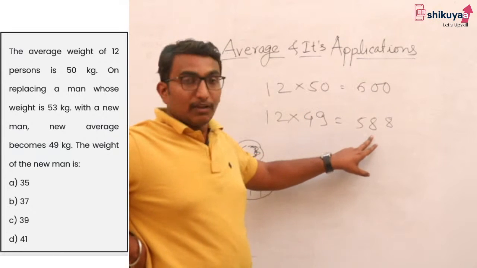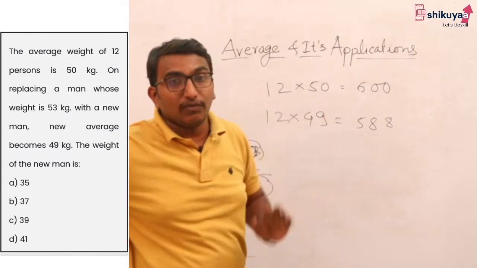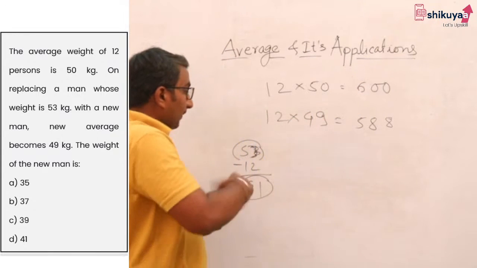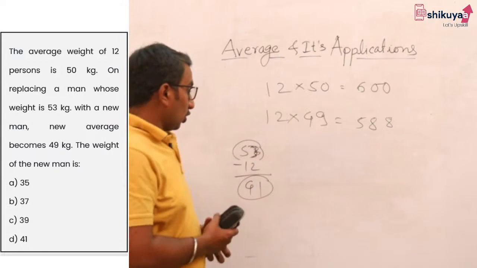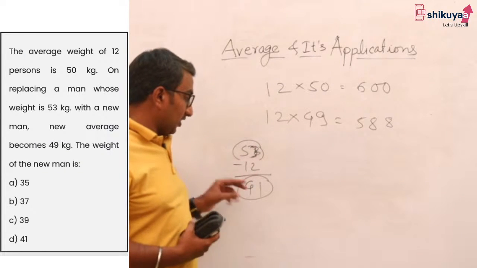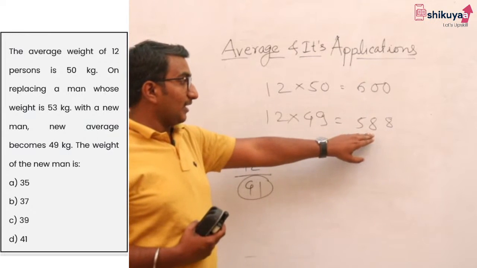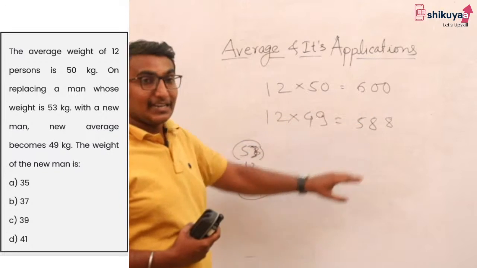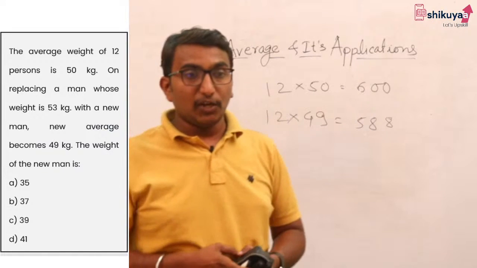So now the addition will become 588. So there is a difference in this addition of 12, and the person who has been replaced is 53. So the weight of the new person would be 53 minus 12, because 12 is actually the difference in that summation. So 53 minus 12, your answer is 41.